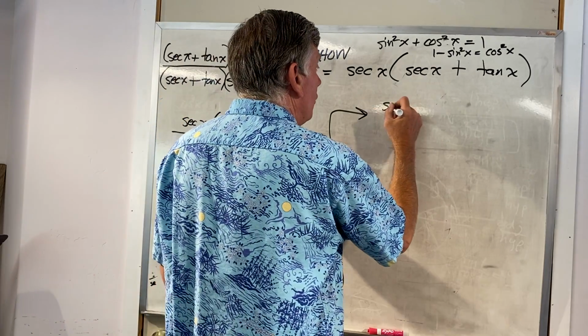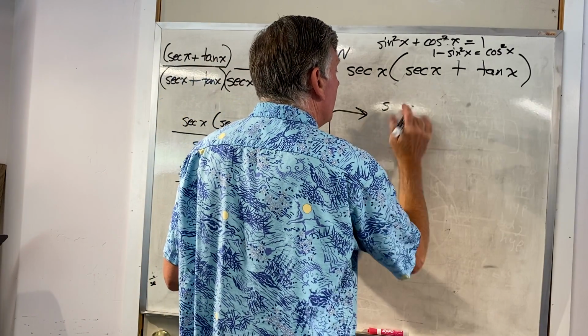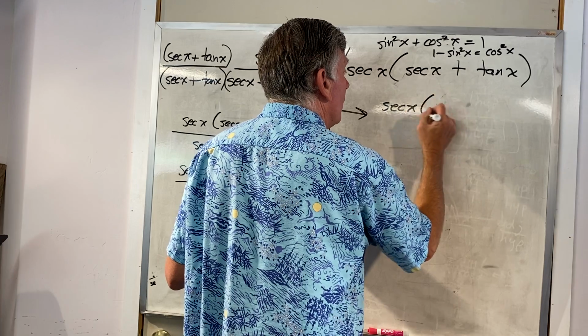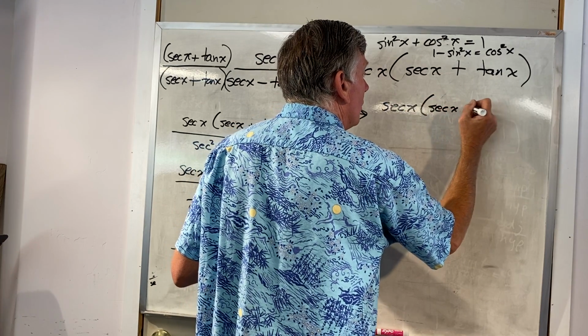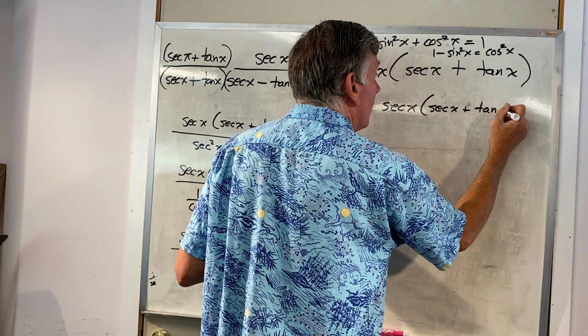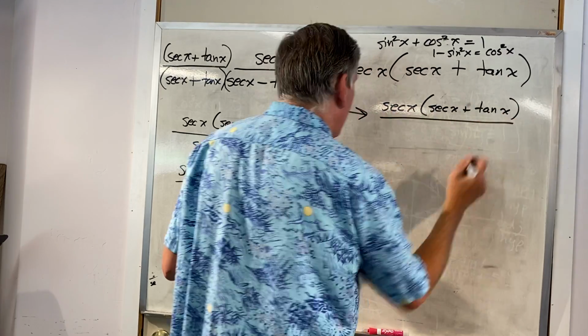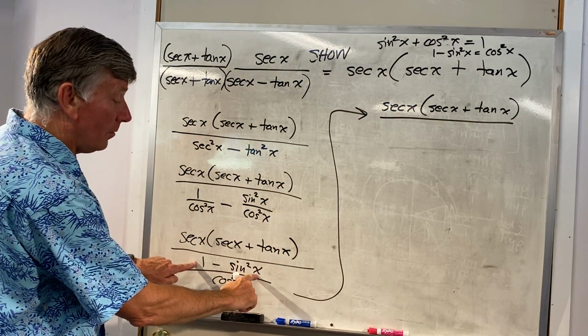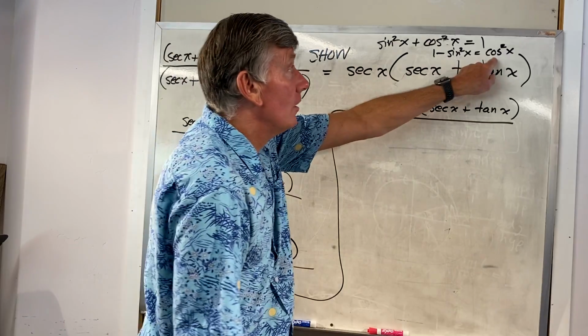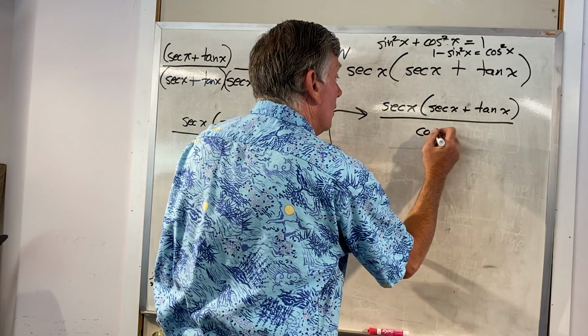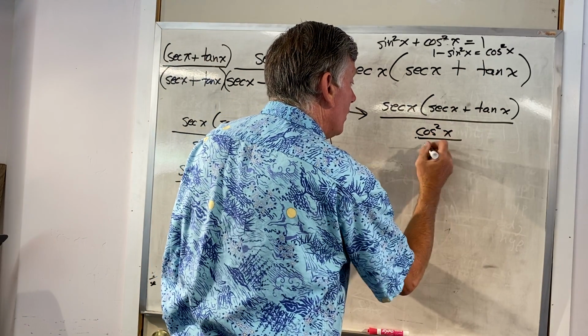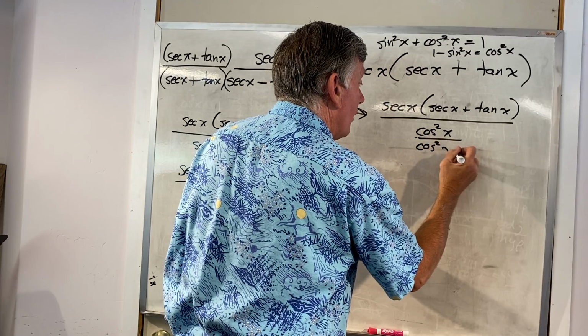I have, as usual, secant of x times secant of x plus tangent of x. And on the bottom, I now have 1 minus the sine squared, which is the cosine squared of x, divided by the cosine squared of x.